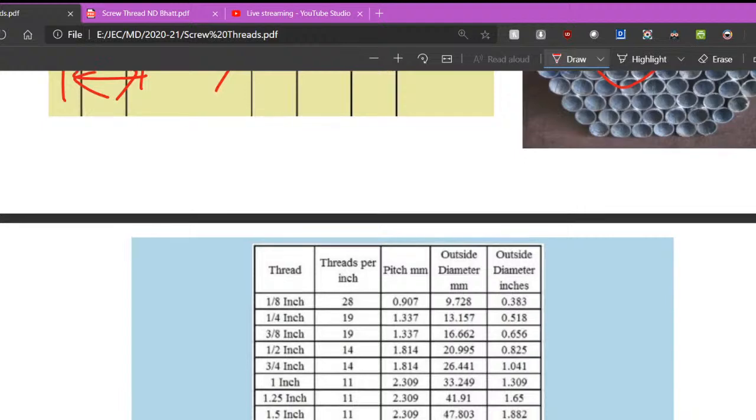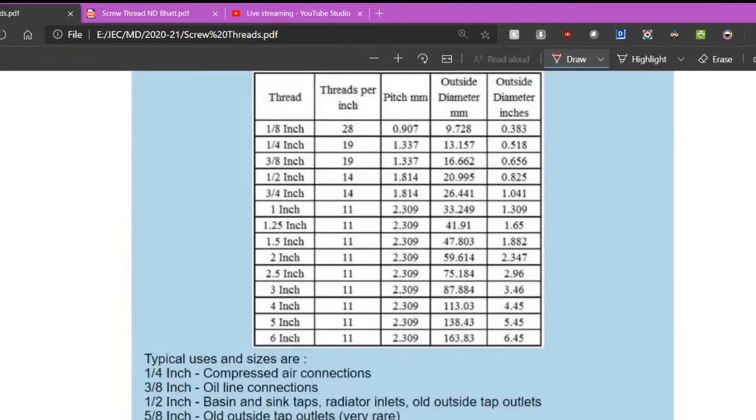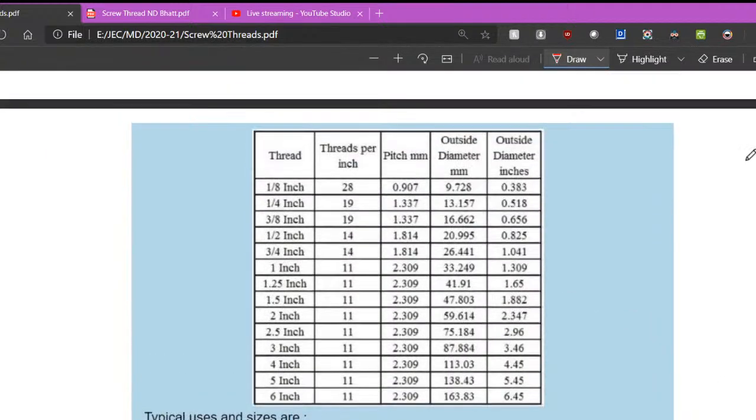So for that we have this table. Okay, take 2 inch. In that case you will have 11 threads per inch, and then pitch would be this value, outside diameter, and outside diameter in mm and inches.